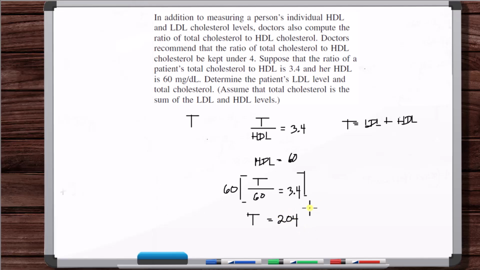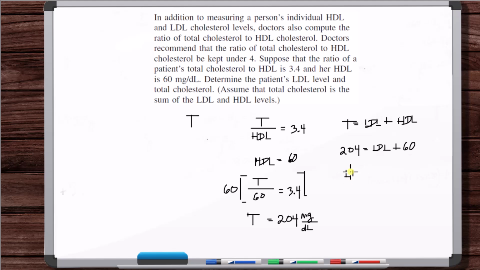All right, this is in mg per dl. Now let's just plug T into here. 204 is equal to, we don't know what LDL is, but we know HDL. So let's subtract both sides by 60.